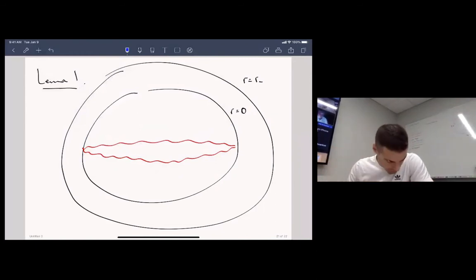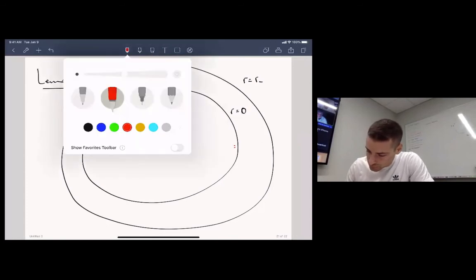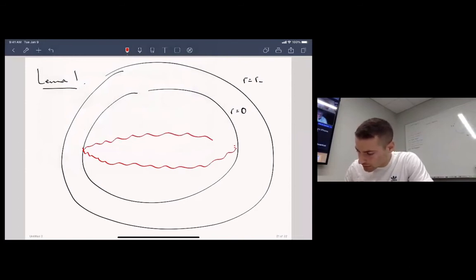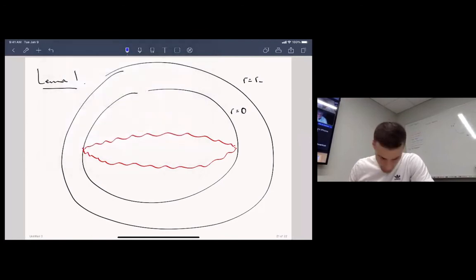Okay, so let me try again with this diagram. It's quite something. Maybe I need to draw my ring singularity a bit bigger. I'm drawing this because I want to show you exactly how you construct these closed time-like curves. I don't want to cheat you and just tell you they exist. There we go.